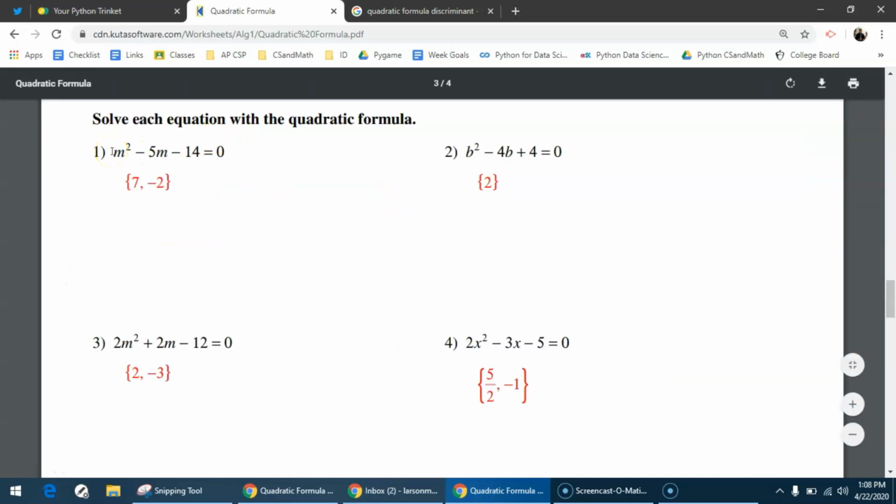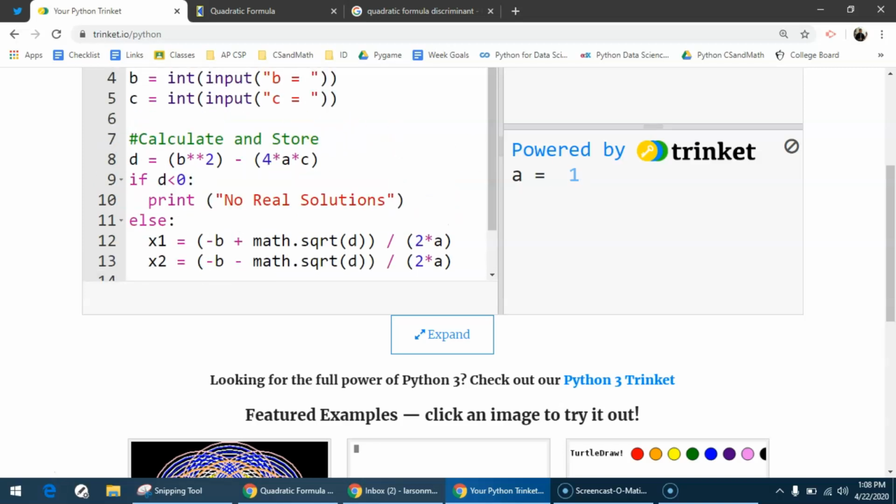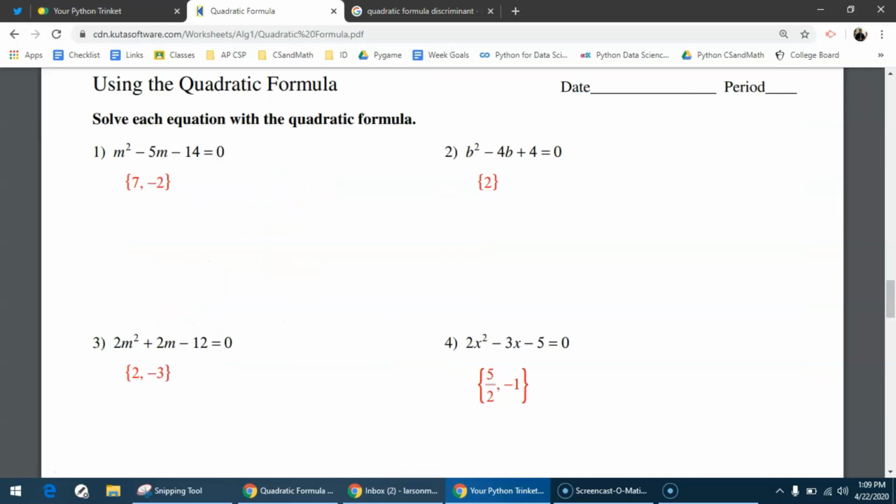The first values are a = 1, b = -5, c = -14. Oops, gotta hit the play button. So if I hit that play button, it's 1, -5, -14. And it looks like our solutions are good.